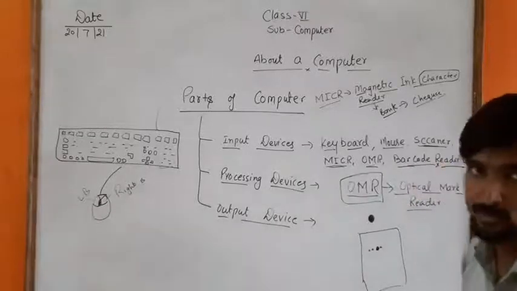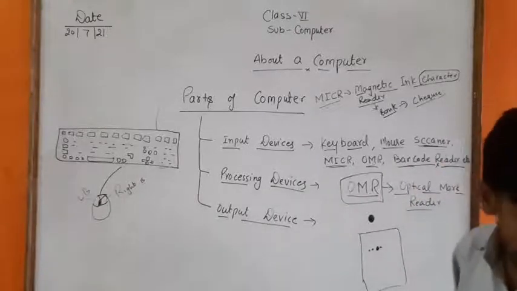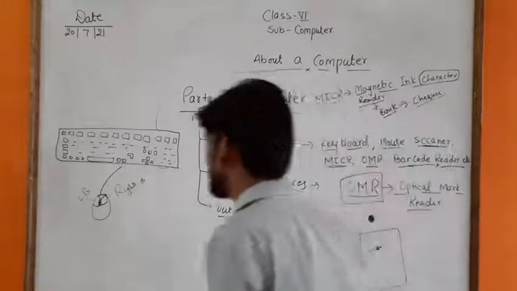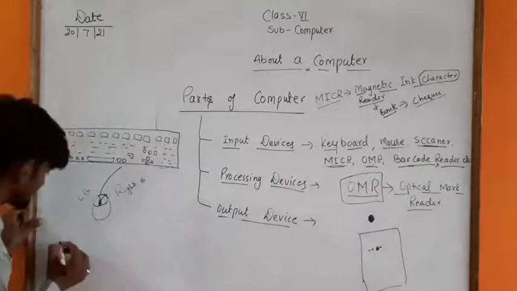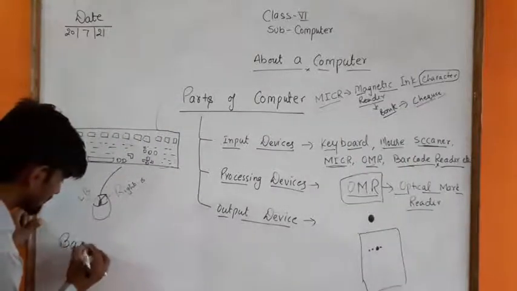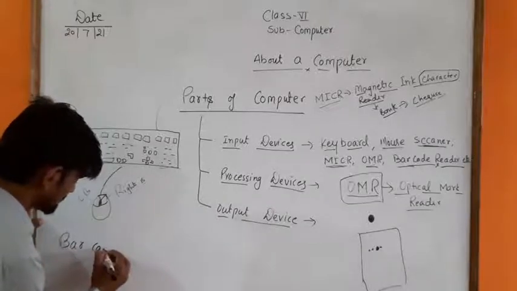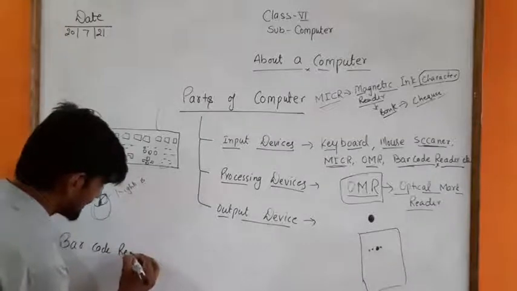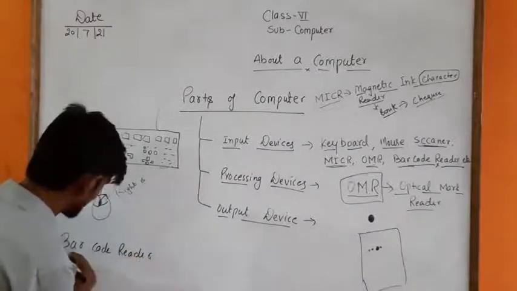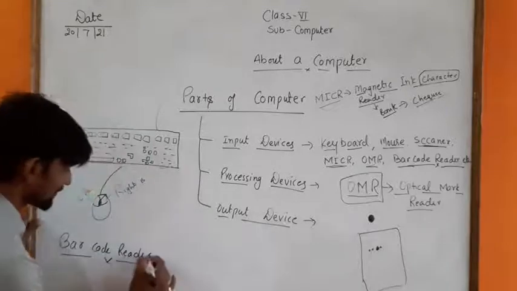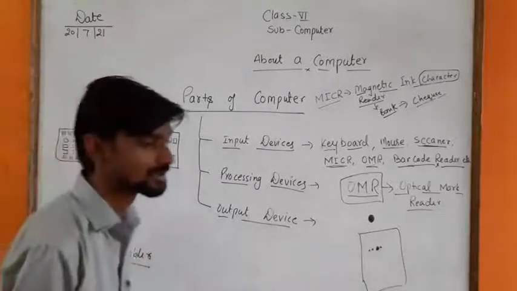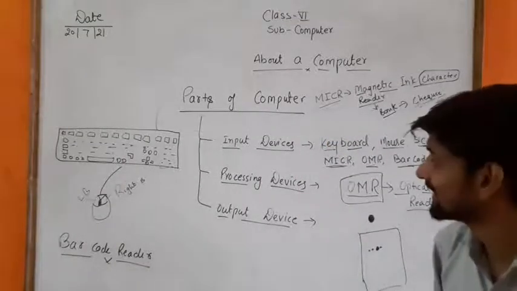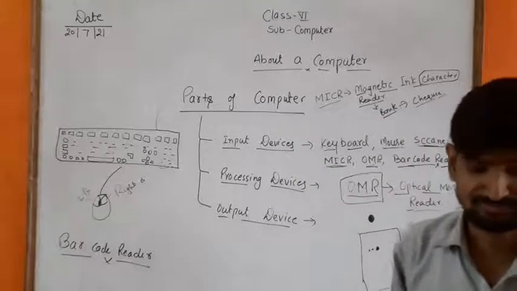Next one is the barcode reader. It's also a very common device. If you go through any shopping complex or any shop which gives you a printed invoice, they are using a barcode reader.